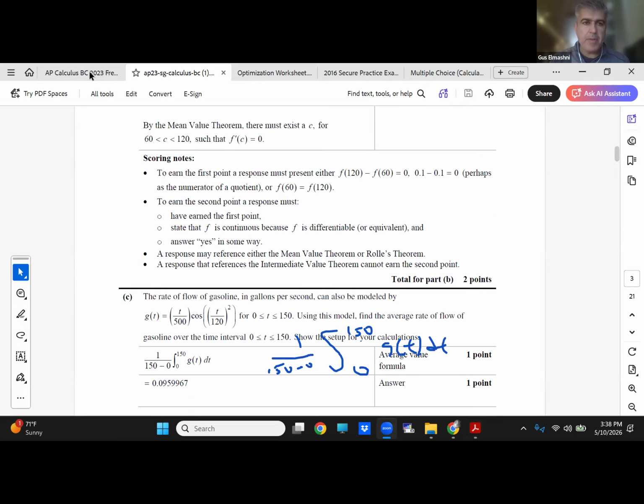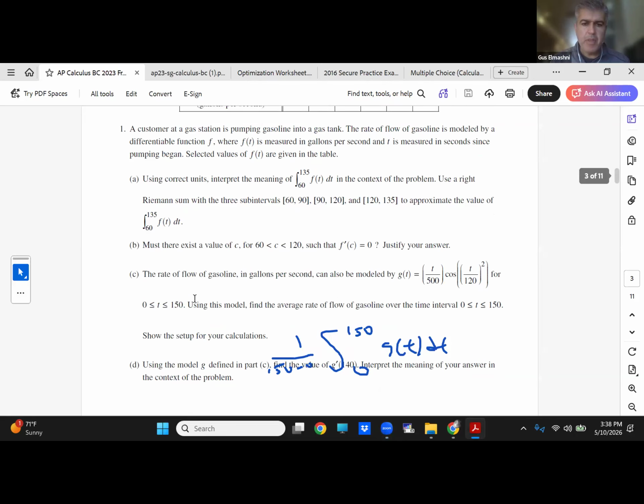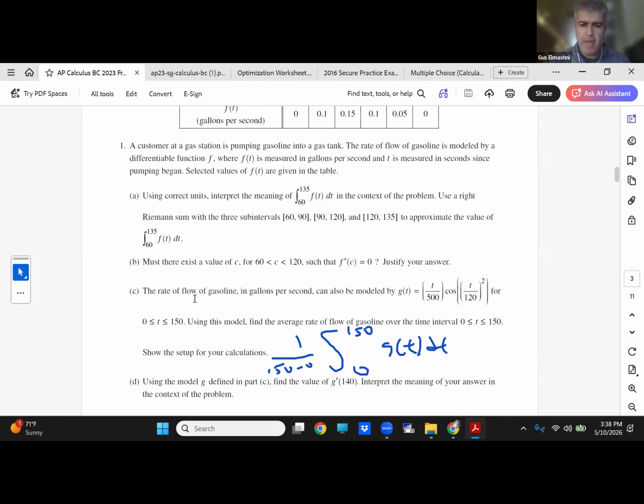Okay, and then finally for part D, use the model G in part C, find the value G prime of 140. So again, you could use Desmos. You already have it typed in. So you could do d/dt, and then just locate 140 afterwards.